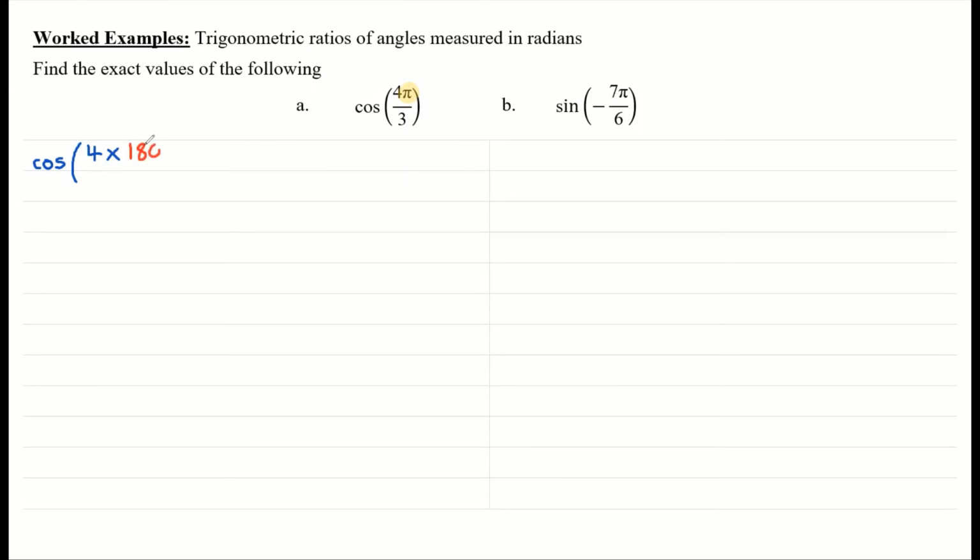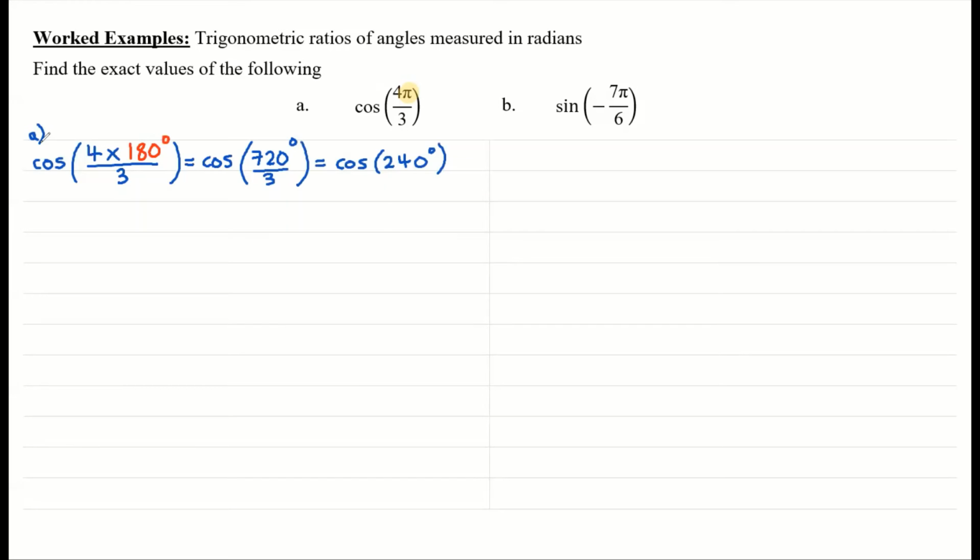If you see angles given in radians, if you're still feeling a bit uncomfortable, just swap the pi out for 180 and you can get the angle in degrees, no problem. That's divided by 3, which is the cosine of 720 degrees divided by 3, which is the cosine of 240 degrees. So I've rewritten the question. This is part A, of course. I've rewritten the question as the cosine of 240 degrees.